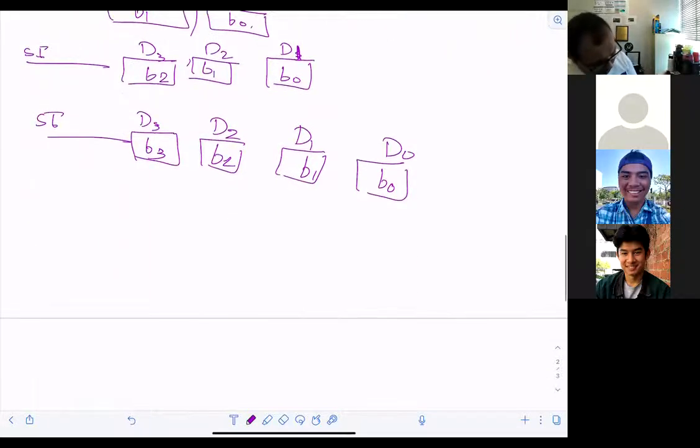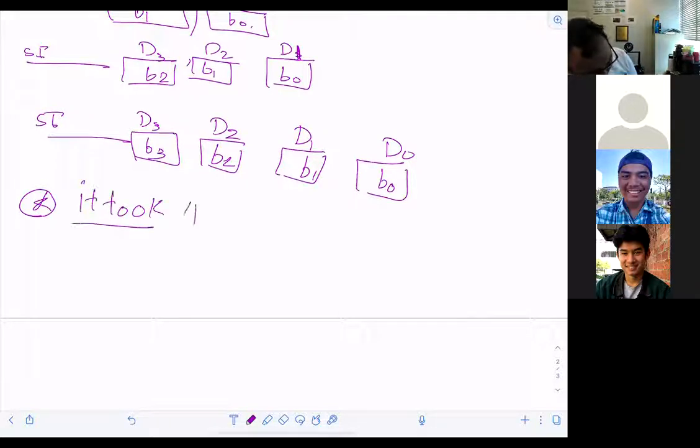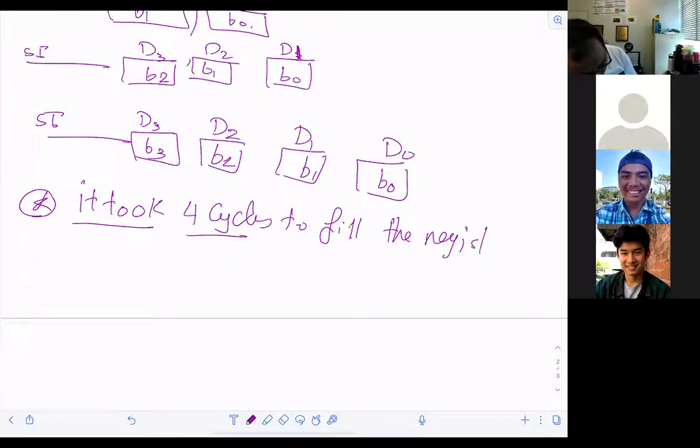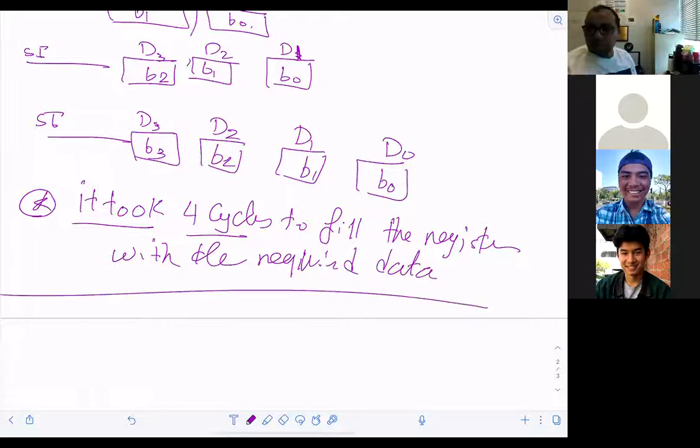So what I need to mark here is that it took 4 cycles to fill the register with the required data. I haven't got any output, right?